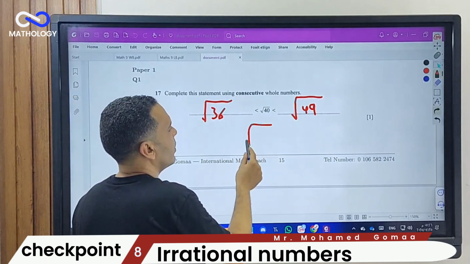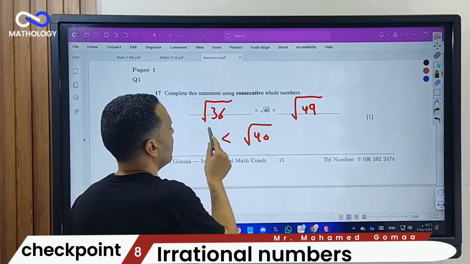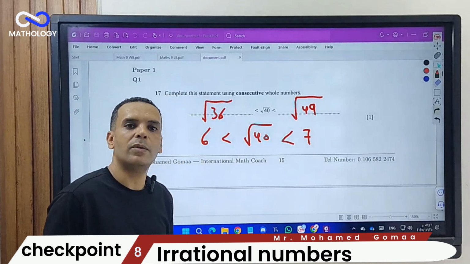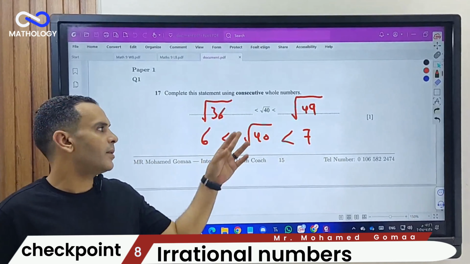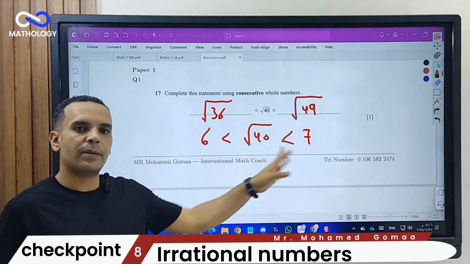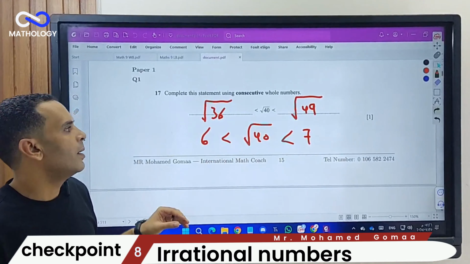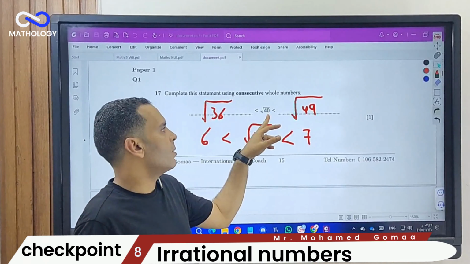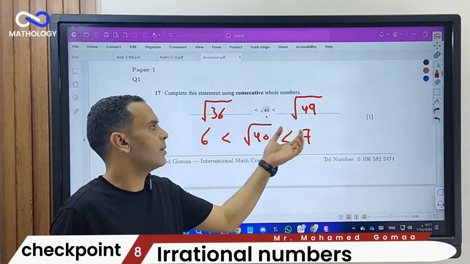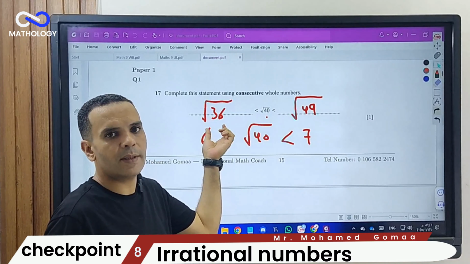That means square root of 40 is between 6 and 7. Square root of 40, this irrational number, its value lies between two rational numbers, 6 and 7. But is 40 nearest to 36 or 49? 40 is nearest to 36.